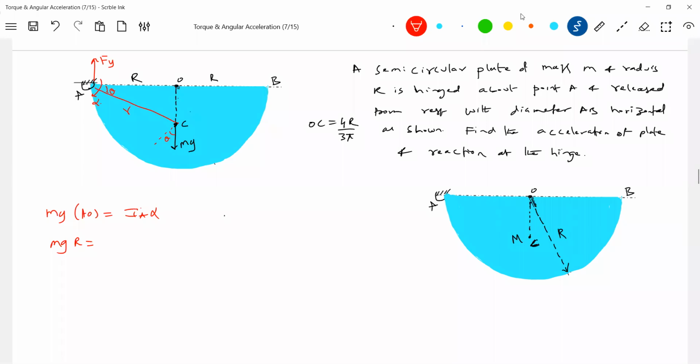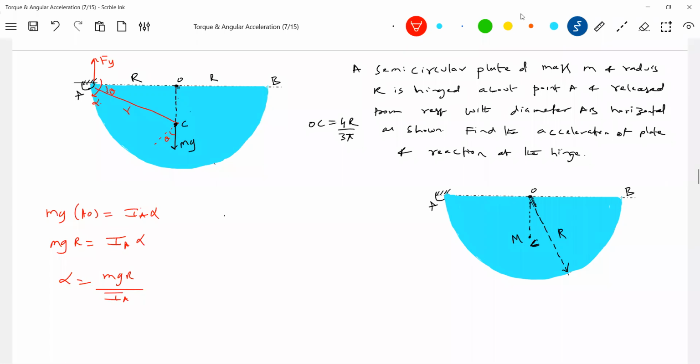Anybody reply back? Did we complete the semicircular plate also? Yes, sir. Okay, refer back to that and write it here. So what is alpha equal to? mgR by I_A. Yesterday we did take help of that one. So now we got this alpha.